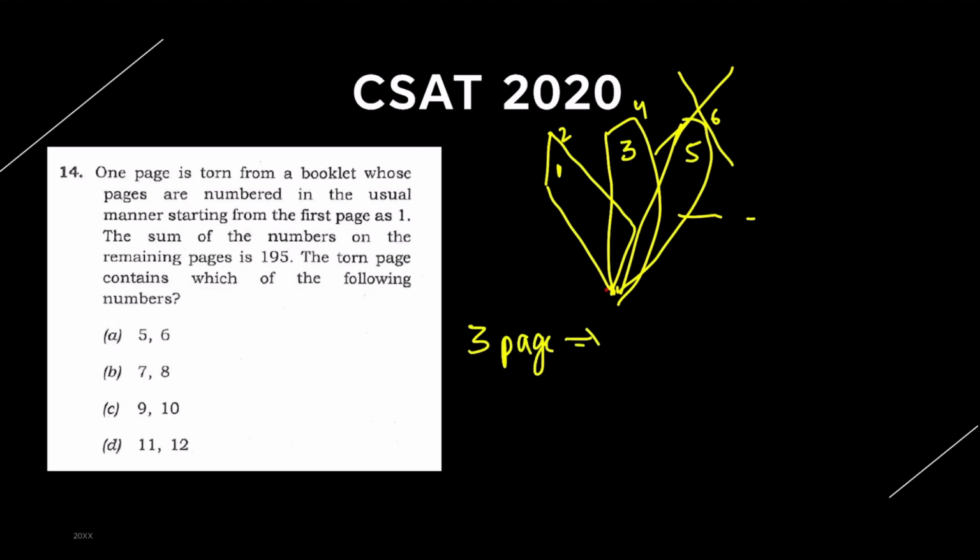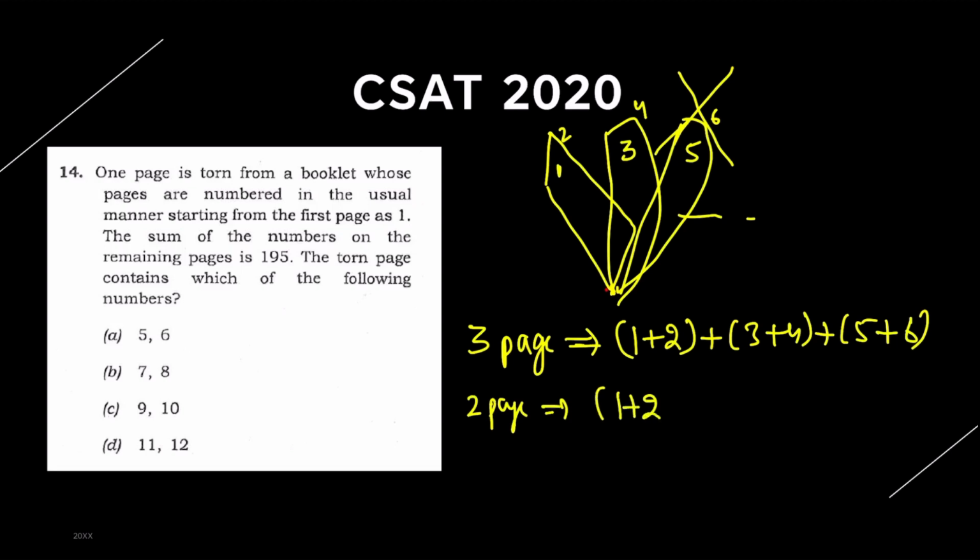Then we should have 1 plus 2, 3 plus 4, 5 plus 6. But because someone took one page, we are left with a 2-page book where we only have 3 plus 4. The last page was taken out of it.